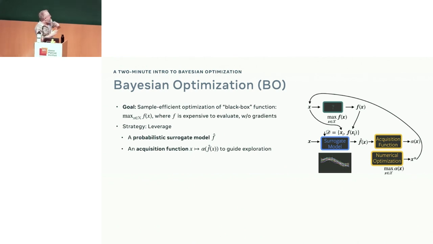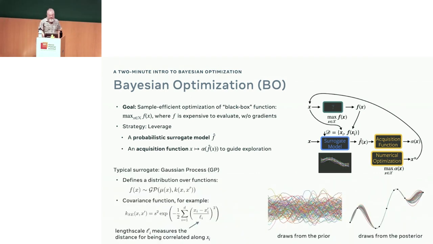And it utilizes some kind of probabilistic surrogate model to model the outcomes of your time-intensive or resource-intensive experiment. And then you have what's called an acquisition function, which picks the next design point, the next configuration to evaluate.